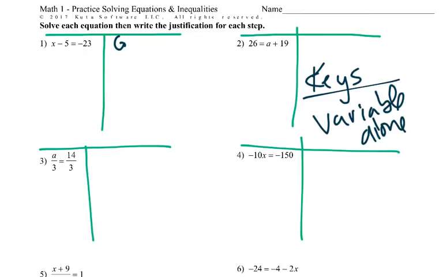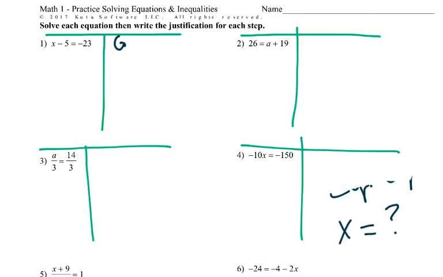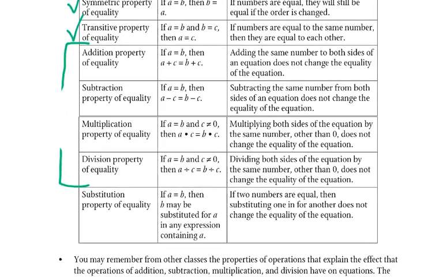The simplest equivalent equation, I'll abbreviate equivalent equation, looks like x equals some number, or a equals some number, something like that. That's our simplest equation that we want to get to, because we look at that and we know exactly what's happening. So we're smart about it and we use those properties to help us get things simpler, mainly these guys.